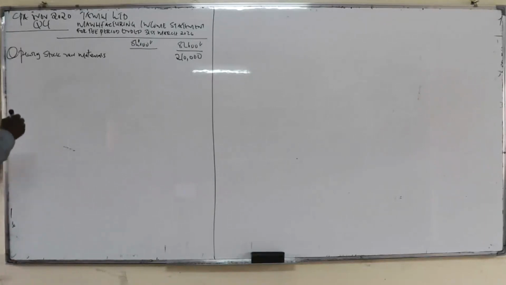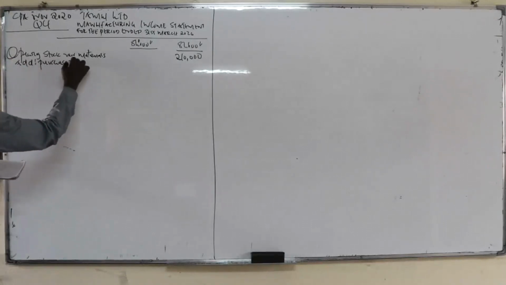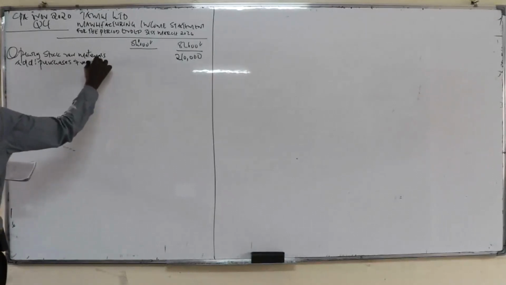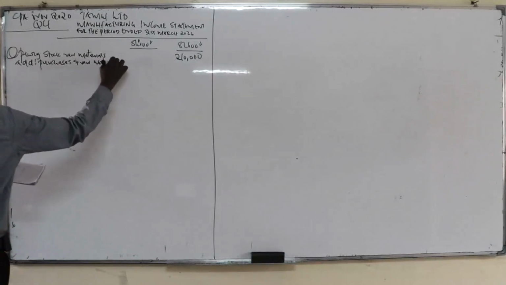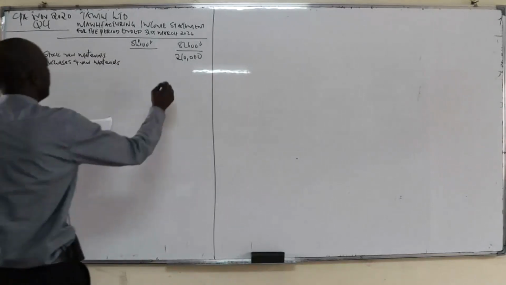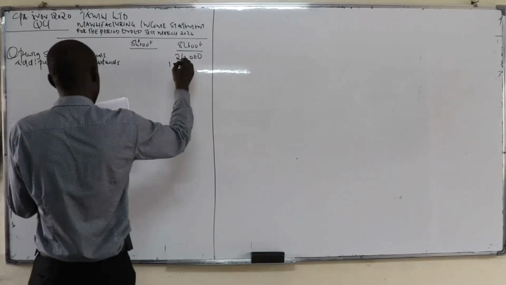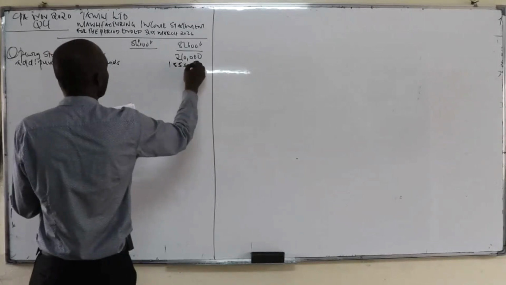And then you add purchases of raw materials. Can everybody see the purchase of raw materials? 55,800, isn't it?